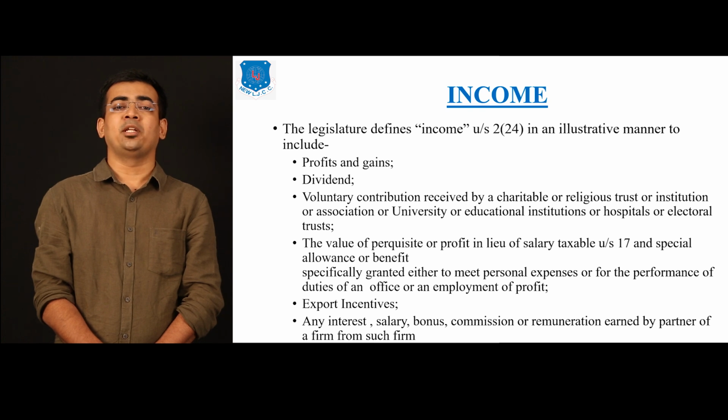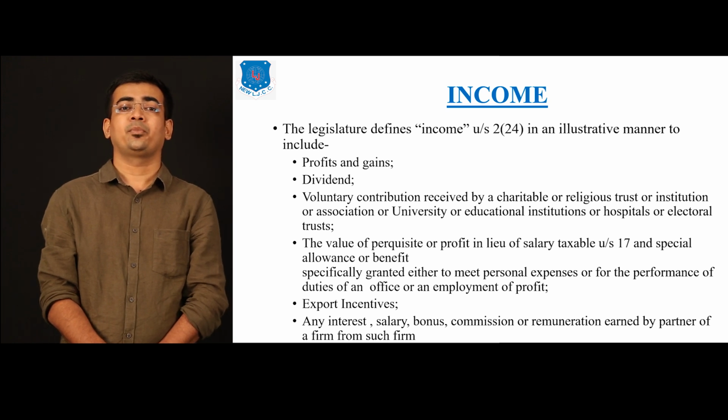The value of perquisite or a profit in lieu of salary taxable under Section 17, and special allowances or a benefit specifically granted either to meet personal expenses or for the performance of duties of an office or an employment of profit.